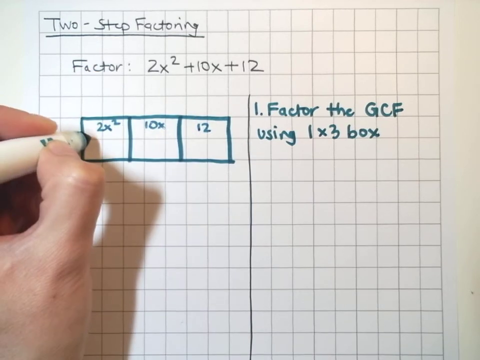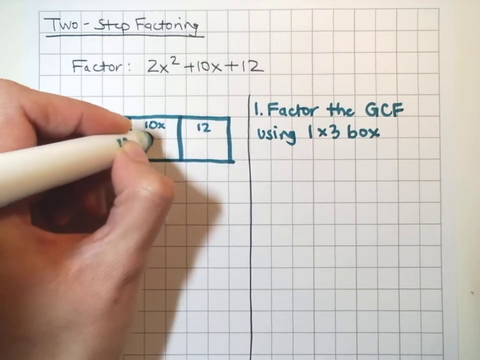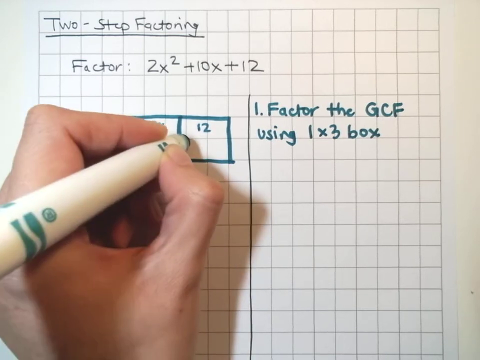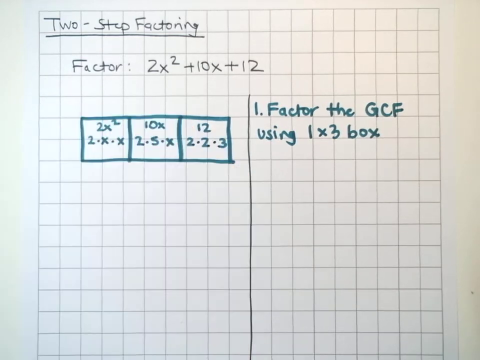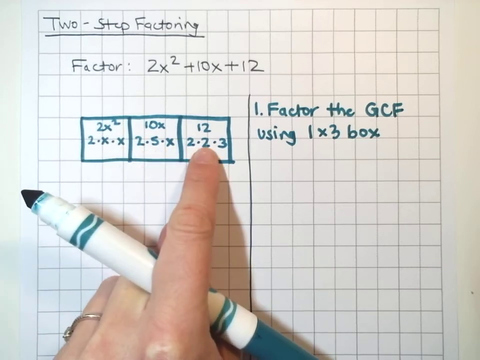So let's expand. 2 times x times x, 2 times 5 times x, and 2 times 6. So remember, once we expand, then we would circle the factor that's in all of the boxes.